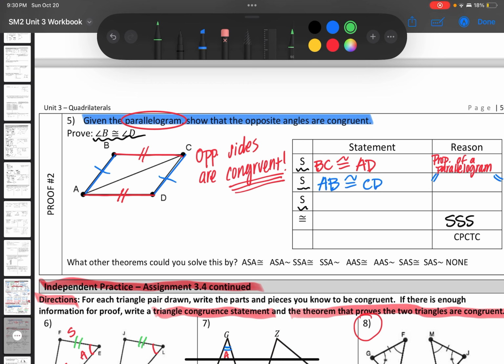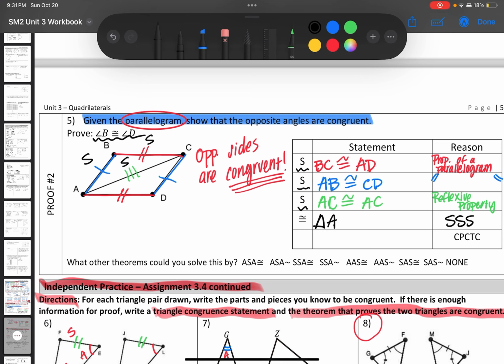Then we can prove that the third side is congruent because they share a side. AC is congruent to AC because, you guessed it, it's the reflexive property. They share a side, which means they're congruent. Now we just proved these two triangles are congruent by side, side, side.